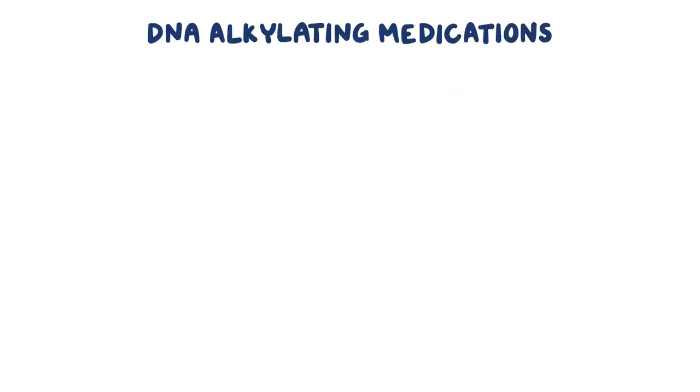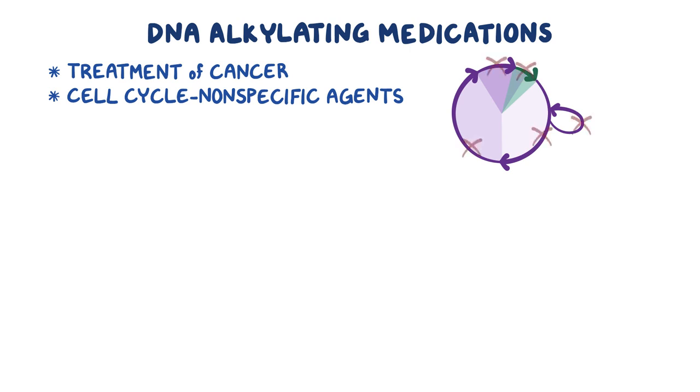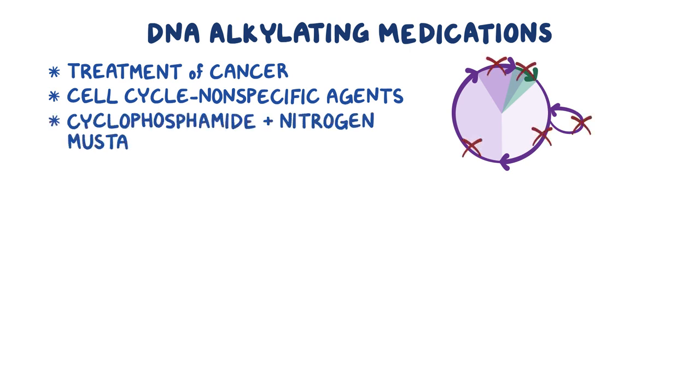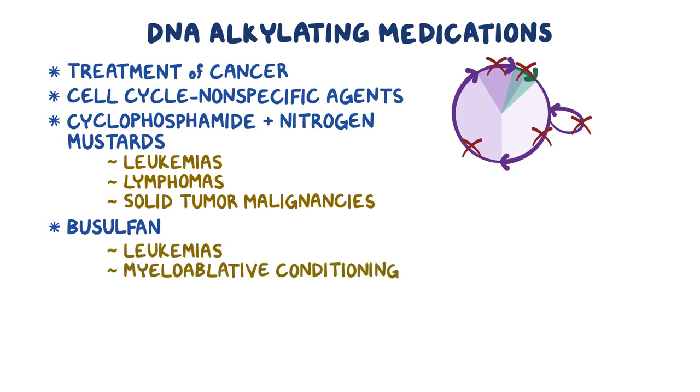Alright, as a quick recap. DNA alkylating agents are a class of medications used primarily in the treatment of cancer. They are cell cycle nonspecific agents, meaning they target all phases of the cell cycle. Cyclophosphamide and other nitrogen mustards can treat leukemias, lymphomas, and solid tumor malignancies. Busulfan targets bones and is primarily used for leukemias and myeloablative conditioning before bone marrow transplant.